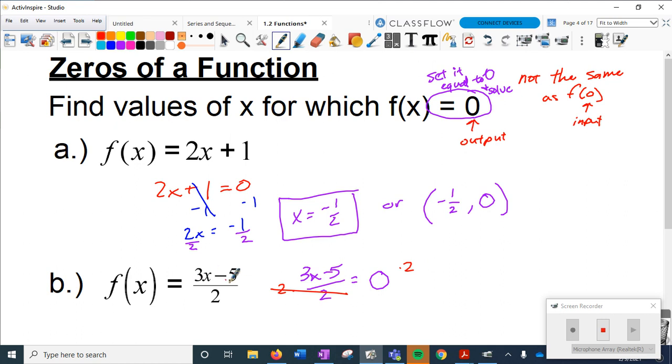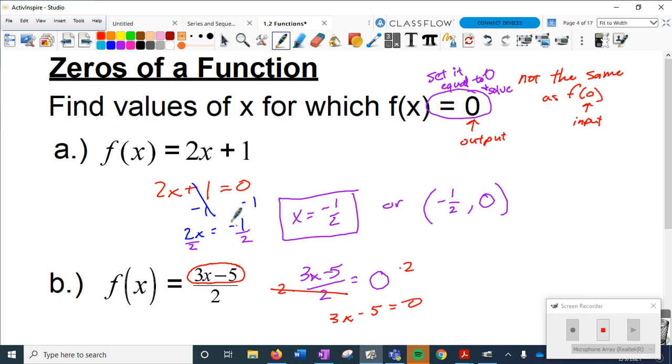So when you have a fraction, the only part we really have to worry about is the top part, because 0 divided by anything is still just 0. That's the math that proves it. I didn't have to worry about the dividing by 2 down there, because when I multiplied by 2, it just turned into 0 anyway.